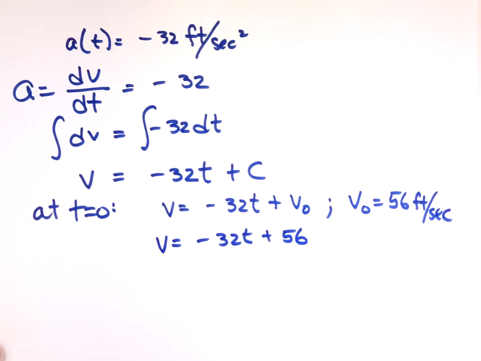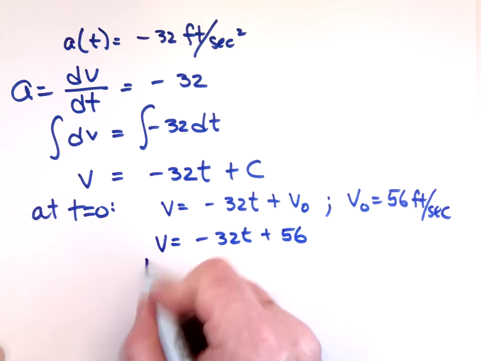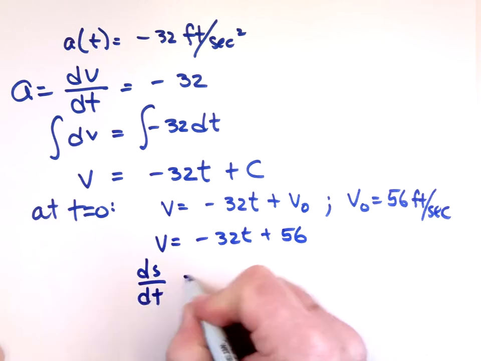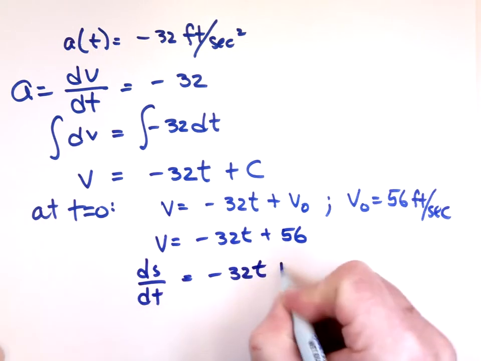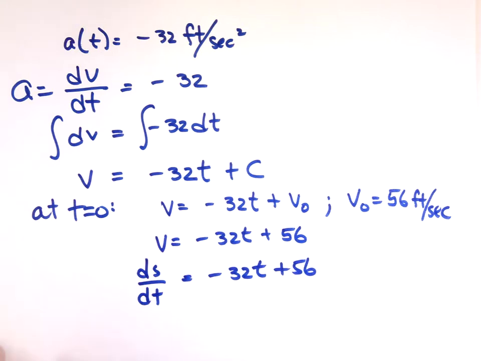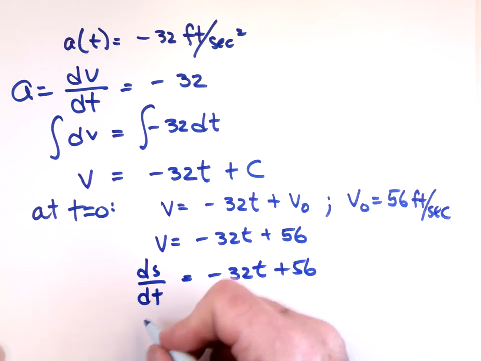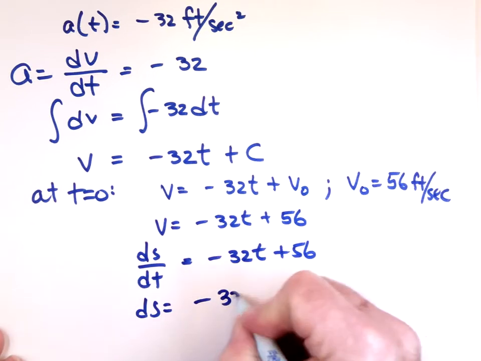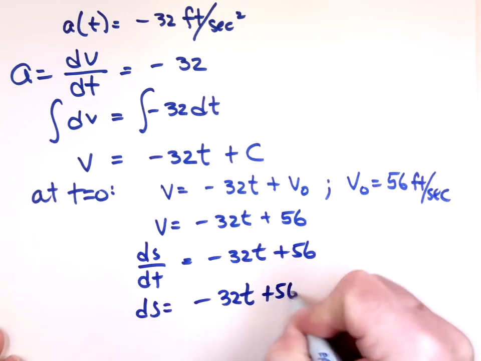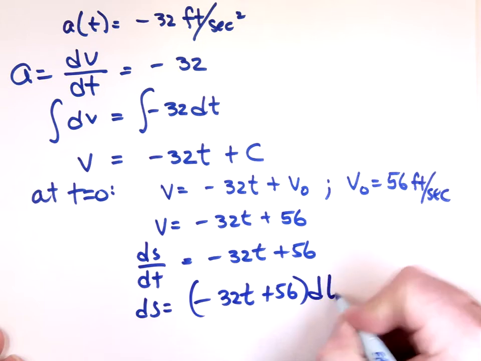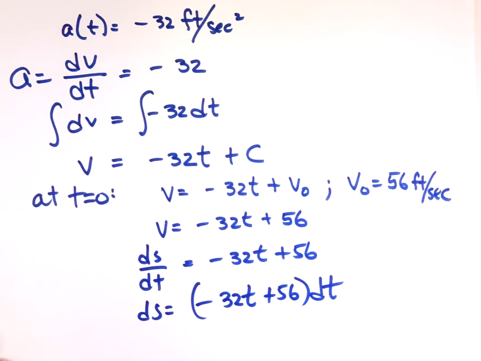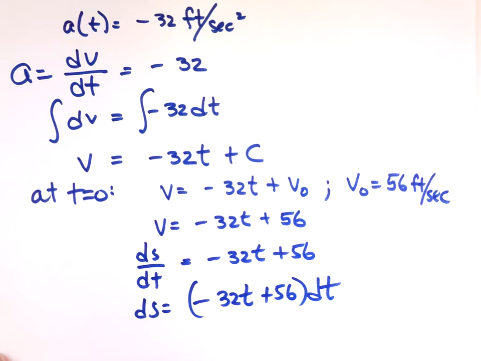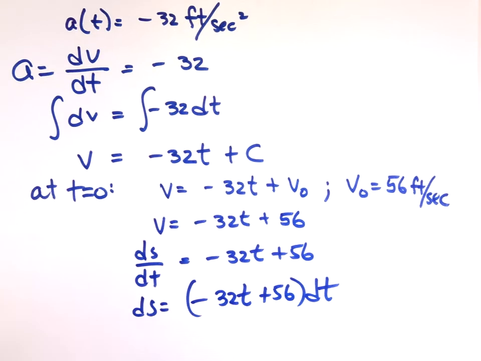It's how fast your position is changing. So ds/dt is negative 32t plus 56. Again, separate the variables. Throw the dt on the other side. So ds is equal to negative 32t plus 56 dt. And we're going to solve for s, the position at any time t, by doing an integral.